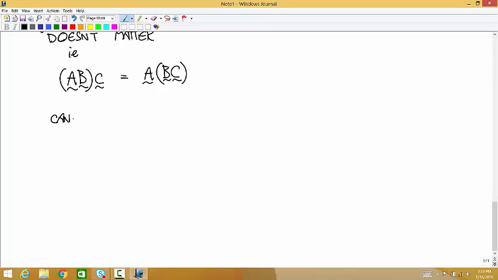So the last thing I guess I want to say about matrices is you can multiply. In this class, square matrices are going to be more important. You can multiply matrices that aren't square, as long as the number of columns in the left matrix equals the number of rows in the right matrix.